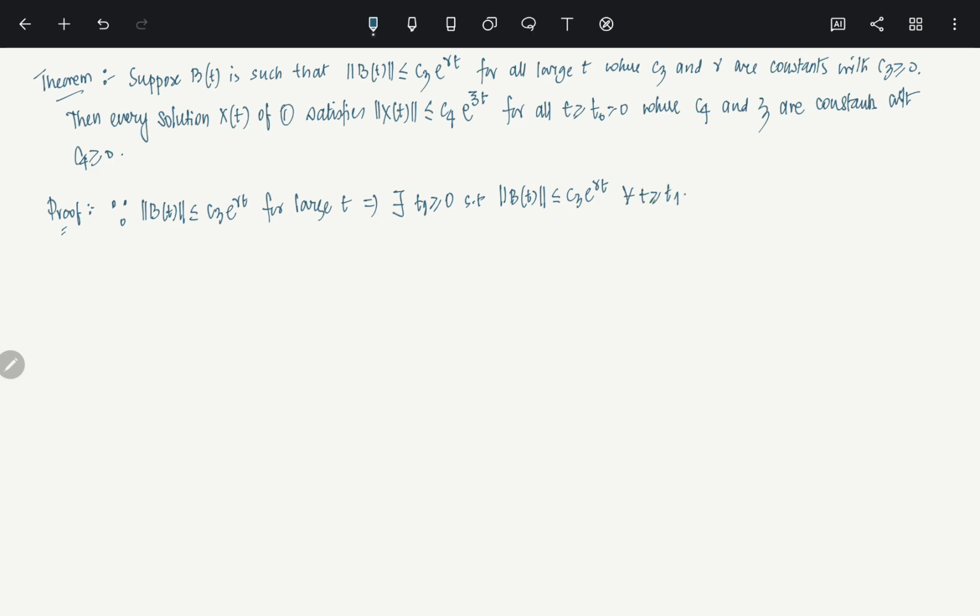I hope this is clear. For large t this is true, so I will just choose one t1 such that for all t greater than that particular threshold, the norm of b of t is dominated by e to the power gamma t.